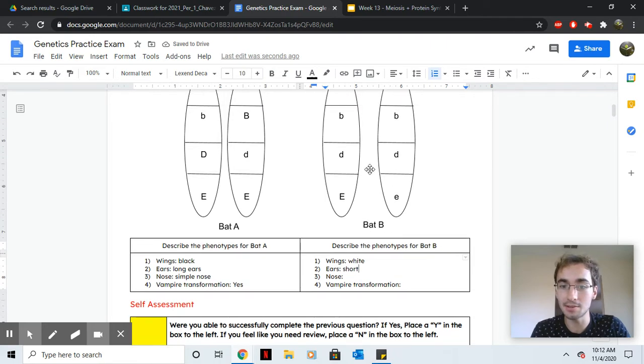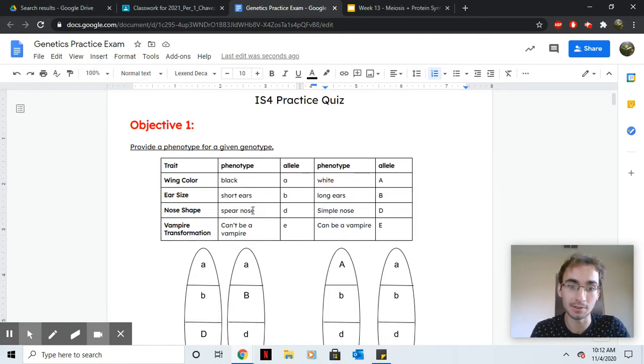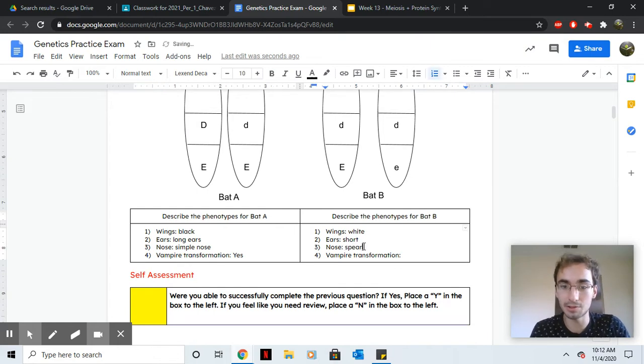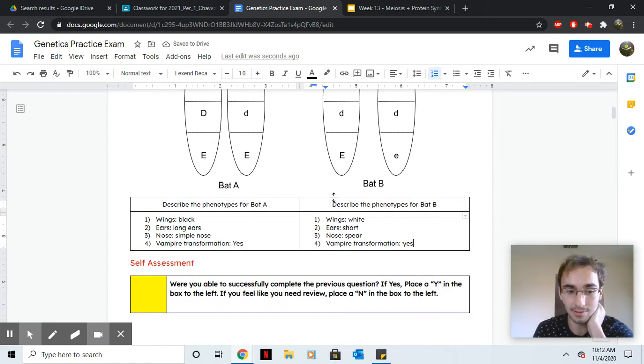Nose, 2 lowercase d's, so it'll have the recessive trait. So that'll be a spear nose. And vampire transformation is dominant since it's gain of function, so it has a capital E. Since it has a capital, it'll be dominant, so yes.